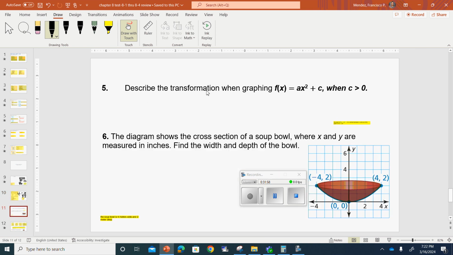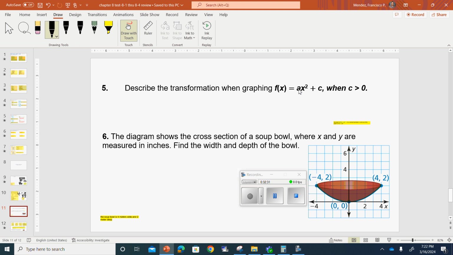Describe the transformation when f of x equals ax squared plus c, when c is bigger than 0. Okay, c is bigger than 0. Well, if c is bigger than 0, it's a positive number. And if it's a positive number, that means it's going up, right? So I would say one transformation is, depending on what a is, we might have a stretch or a shrink.